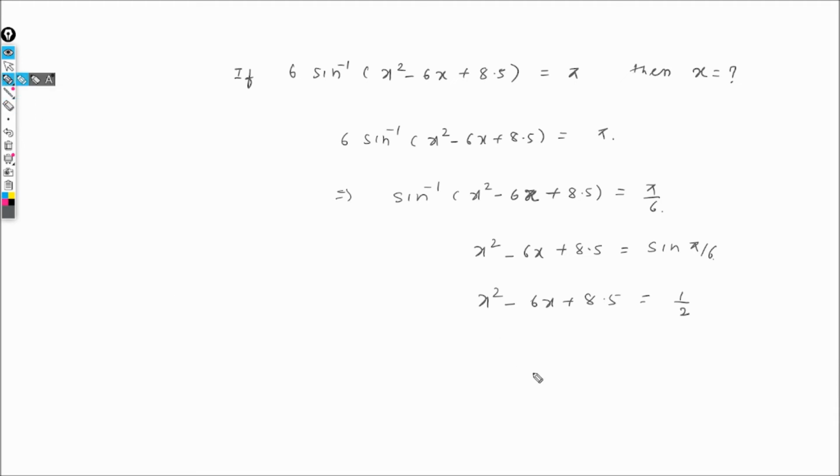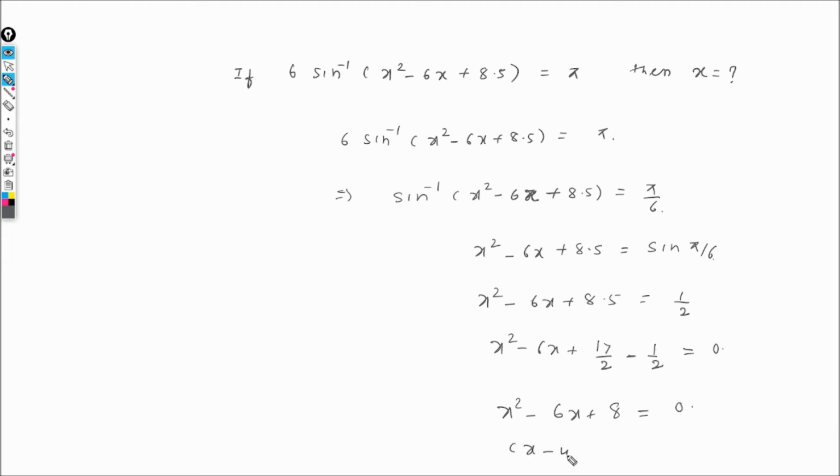So let us see here, x square minus 6x plus 8.5, I'll write here 17 upon 2 minus 1 upon 2 is equal to 0. x square minus 6x plus 17 minus 1 means 16 upon 2 means plus 8 is equal to 0.